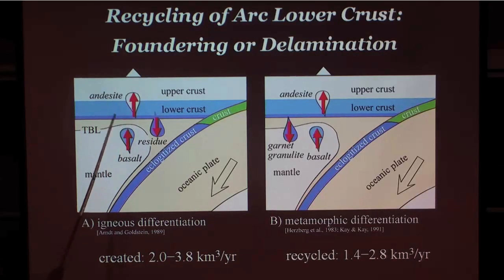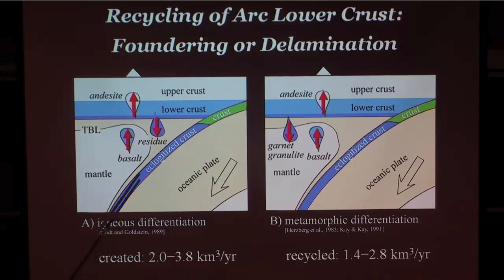And when it gets into the crust, it can undergo differentiation, i.e. crystallization, crystal settling, upward migration of the remaining liquid into a material that's basically more felsic at the top and less felsic at the bottom, lower silica content. And the material that's at the top is positively buoyant, and the material that's at the bottom can be negatively buoyant, more dense than the underlying mantle. And it is thought that this material basically drips off the bottom of the arc at the same time scale that the arc is active and that there's ongoing magmatism.